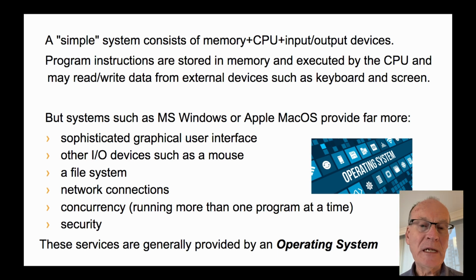They also allow multiple programs to run at once. Well, it seems to be running at once. Sometimes it's just simply swapping between them very quickly, but it's called concurrency. And many other services such as security provided on those systems. Now, this is what we call an operating system. And all these services, all these device handlers and so on are provided by this thing called the operating system.